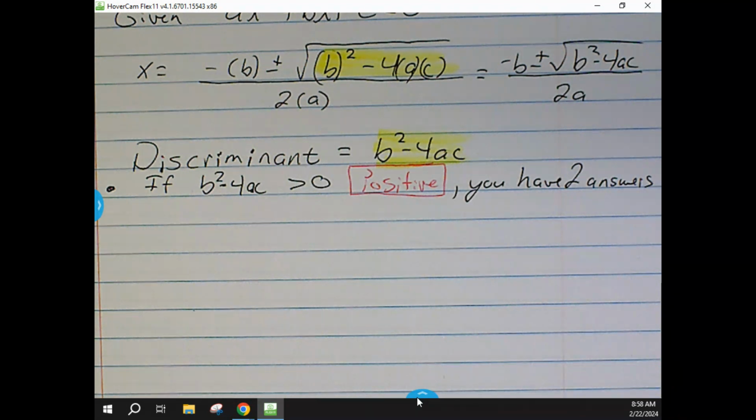So if your discriminant, if b squared minus 4ac, is greater than 0, if it's positive, you're going to have 2 answers for this.